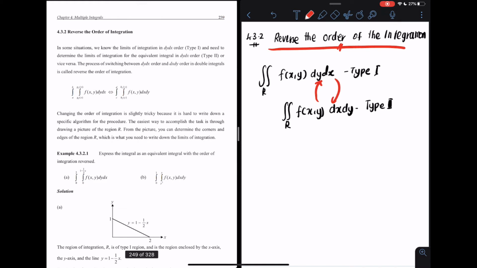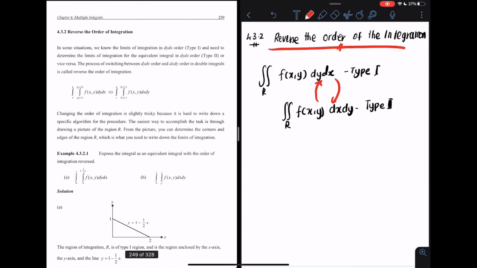When we try to solve, as mentioned in the previous videos, I tried to provide two methods to solve the same question. You will see that even though the two methods produce the same answer, the setup will be somehow different, such as the limits being different from one setup to another.